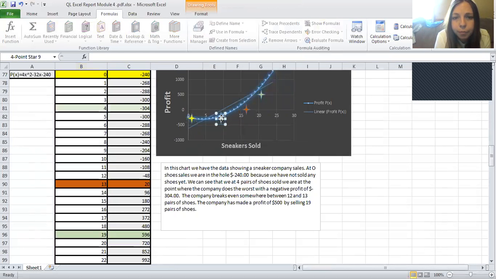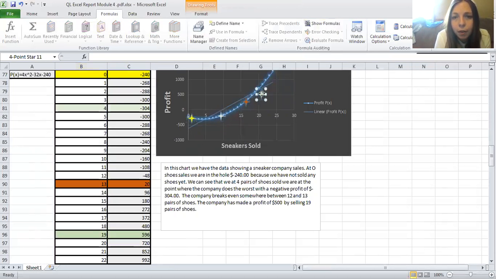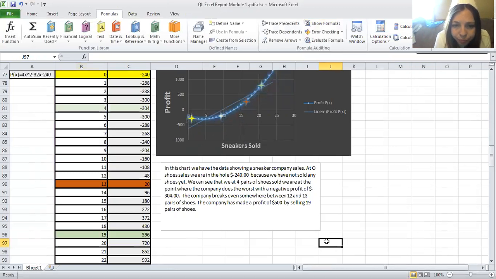Okay. All right. And then the company will break even somewhere between 12 and 13 pairs of shoes. So we concluded that the company has made a profit of $500 by selling 19 pairs of shoes, which is awesome. Must be good sneakers.